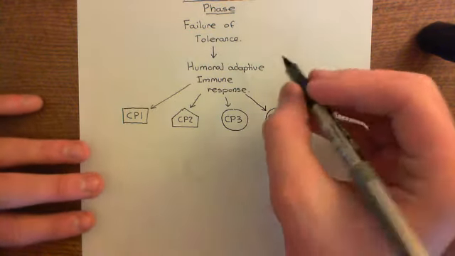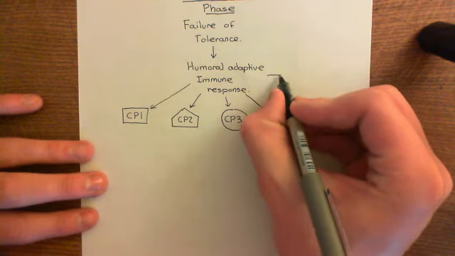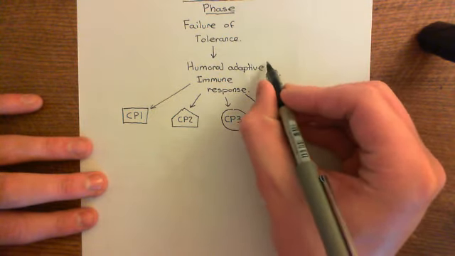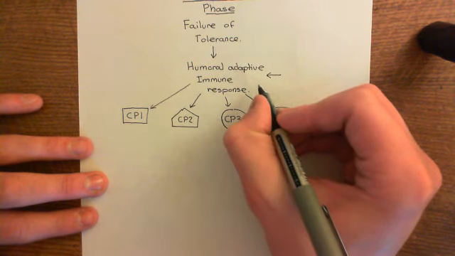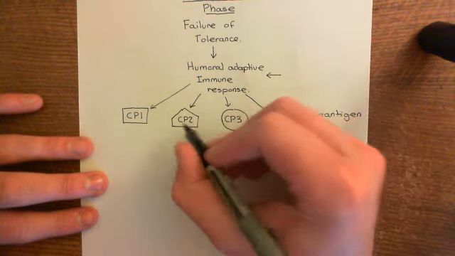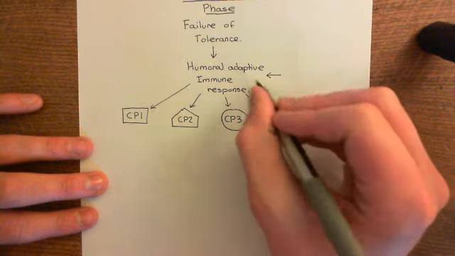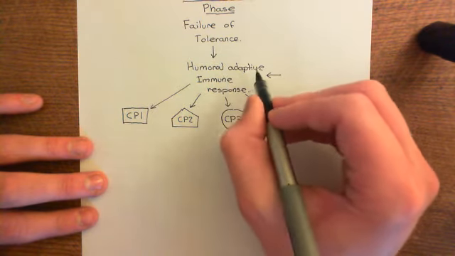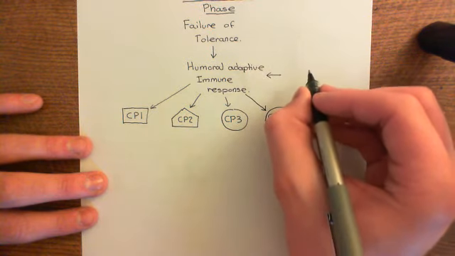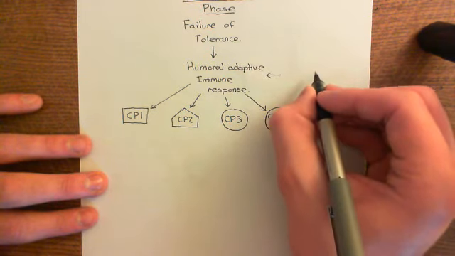Now, as part of the humoral adaptive immune response, there will need to be some sort of antigen presentation. You're going to have to present a fragment of each one of these citrullinated proteins to some CD4 positive naive T cell, and this will be done on the MHC class II molecule.